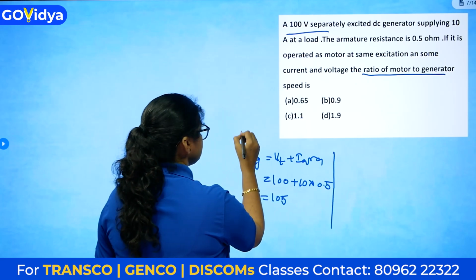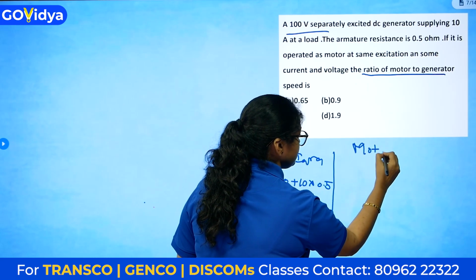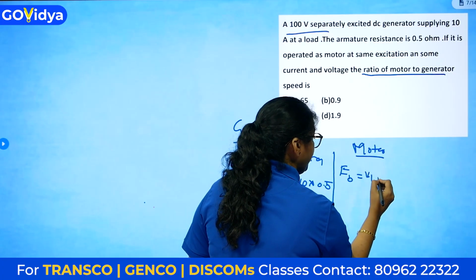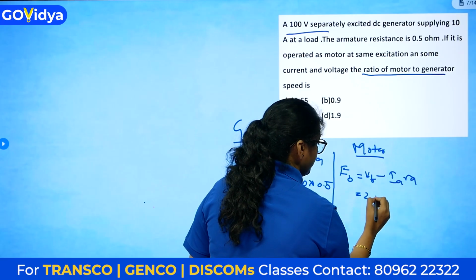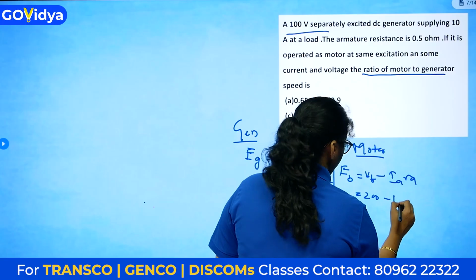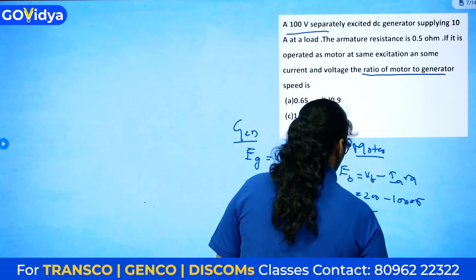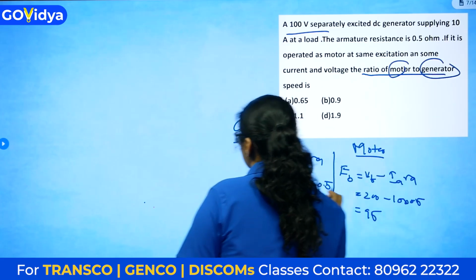So this is for the generator. Coming to the motor, we know the formula EB is equal to VT minus IARA. So VT is 200 minus the same 10 into 0.5, you will get around 95. So now we have to do the ratio of motor to generator.